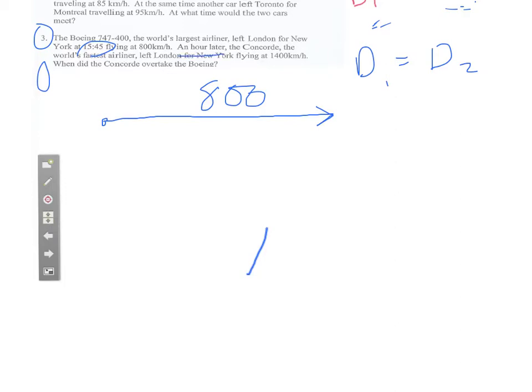The other plane flies at 1400 kilometers per hour, and they want to know when they meet in the air. So when will plane A be passed by plane B? The only difference in this problem is that they have different speeds, but they're actually leaving an hour later.